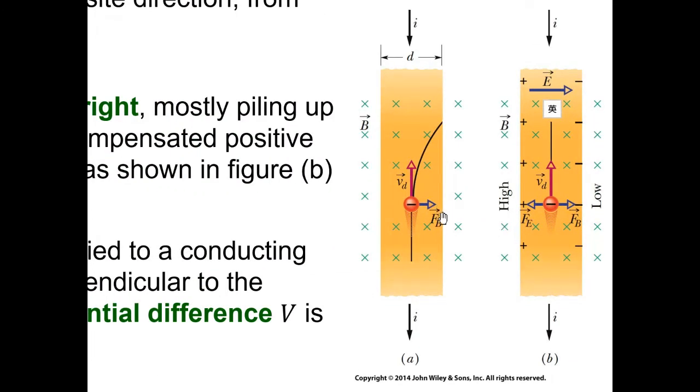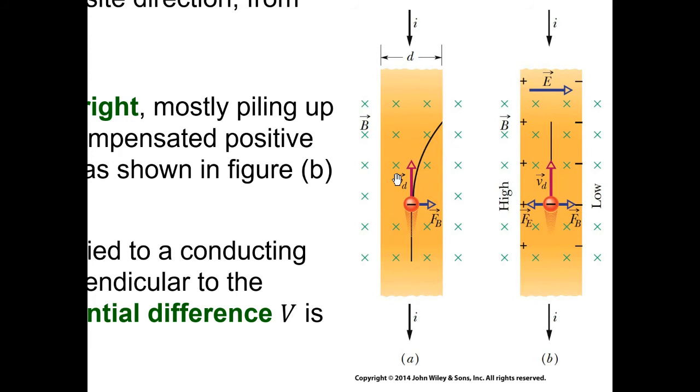So here we can imagine there is negative charge going upward, so we have v pointing upward and B pointing into the page.